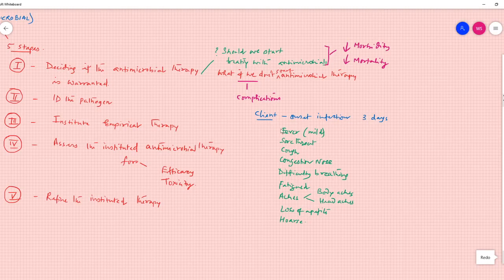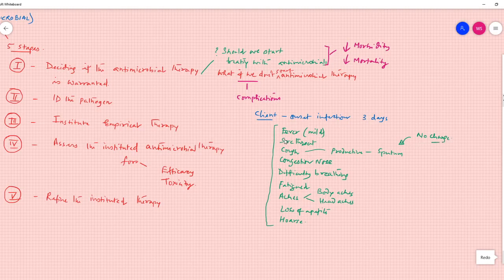Okay. And you ask this patient, what type of a cough you have, and the patient says, I've got a productive cough. There is sputum. And then you ask the question, is there any change in the color of the sputum? And the patient says, no change.